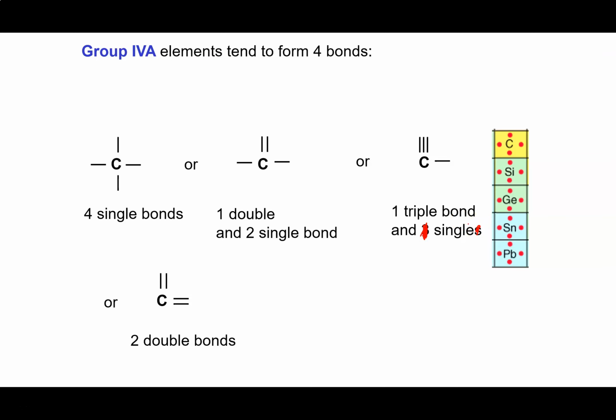Okay, so the bonding of carbon is very, very rich as a result of this, and that's why we have organic chemistry, which is focused on the compounds formed by carbon, because carbon is such a versatile element. And we utilize this in biochemistry. Carbon lies at the heart of biochemistry because it's such a versatile atom. It can participate in all of these different types of bonding motifs.